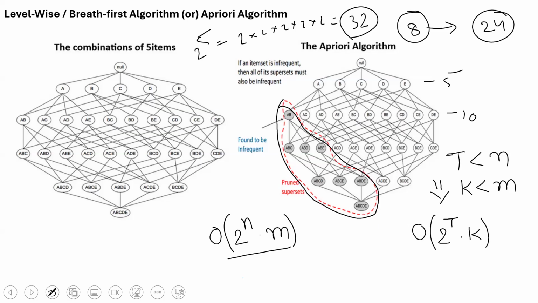So it is reducing some sort of enumerations, and when enumerations are decreased, support calculations will be decreased, so the number of transactions to the database will also be decreased. Okay, this is what the a priori algorithm is.